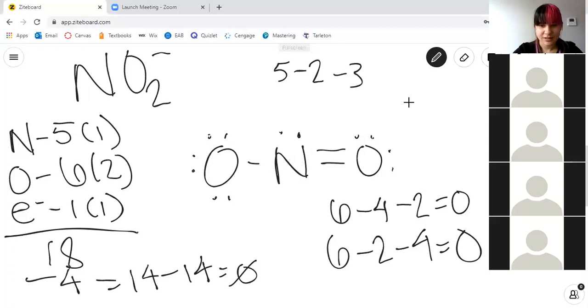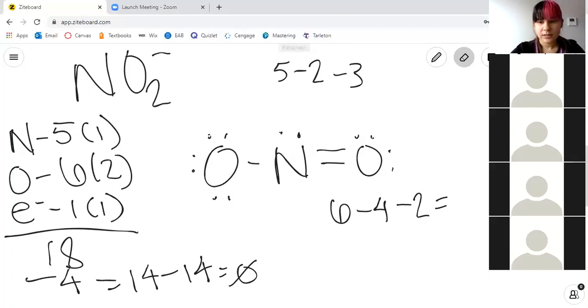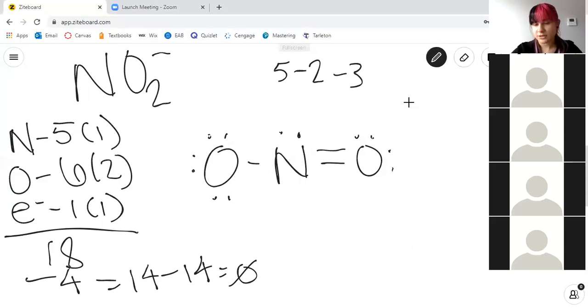So you do the 6 minus, and then what do you do? So the way that I do it is, if we're looking at this oxygen here, oxygen has 6 valence electrons. We figure that out based on the periodic table. And then I look at the number of bonds that it has.